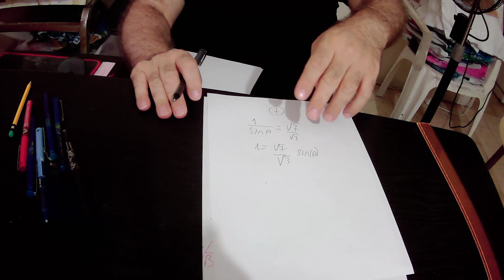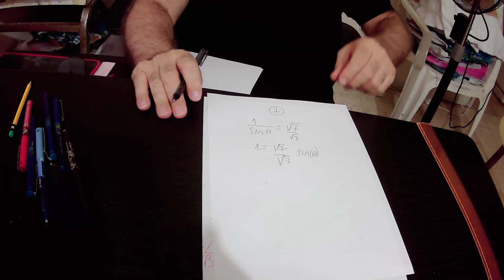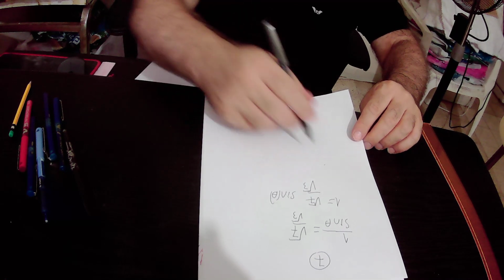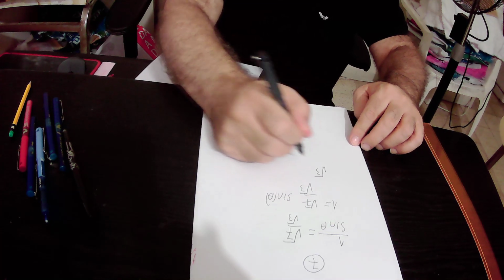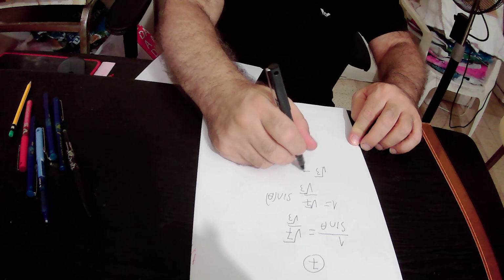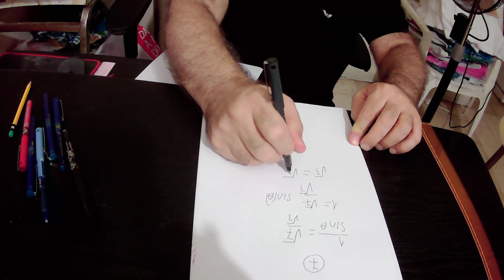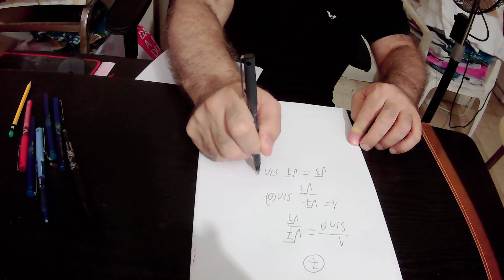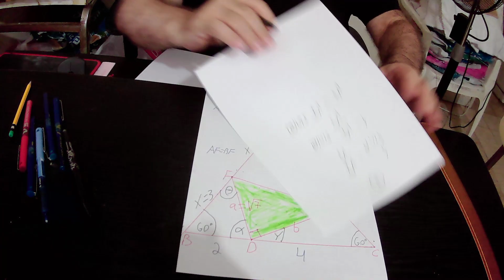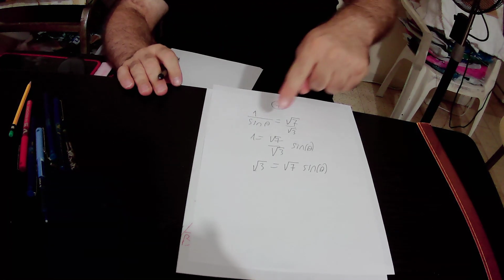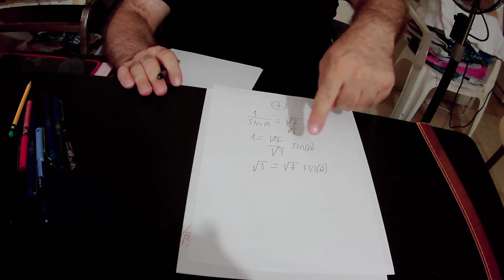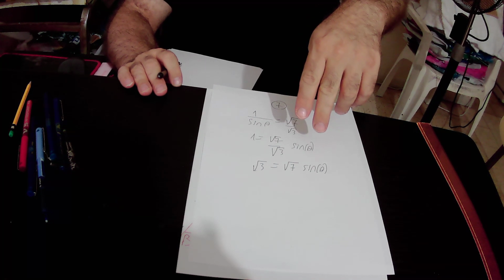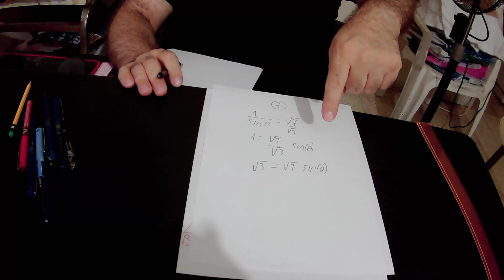Here we will multiply this equality by root 3, and we will get that root 3 equals root 7 times sinus theta. Okay, we got that root 3 equals root 7 times sinus theta, and we will divide this equality by root 7 in order to get the value of sinus theta.